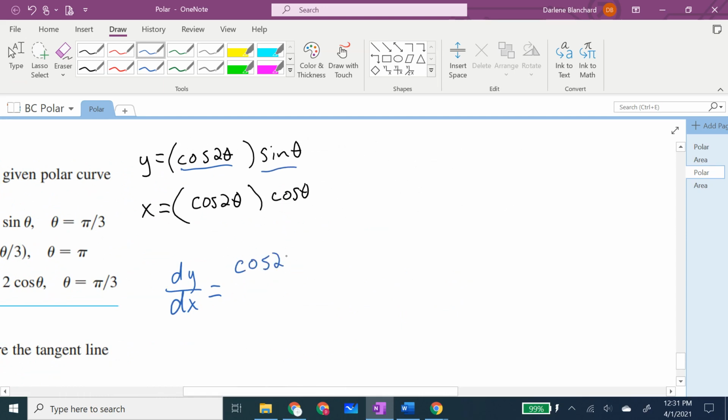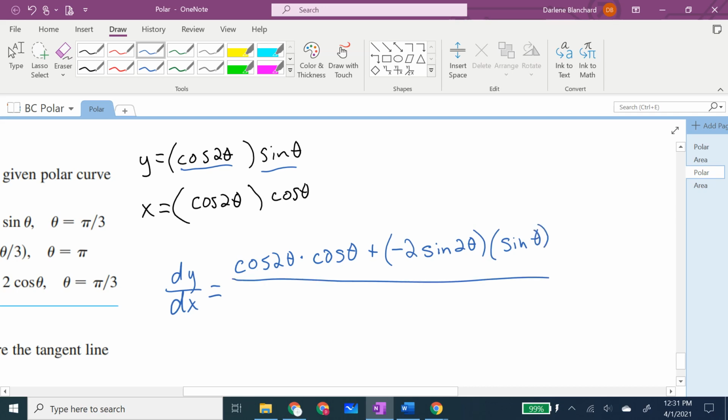Keep one, derivative of the other, plus swap. Derivative of the cosine of 2 theta is negative sine, plug baby and multiply by derivative of baby, multiplied by, keep the second one as sine theta. Denominator.